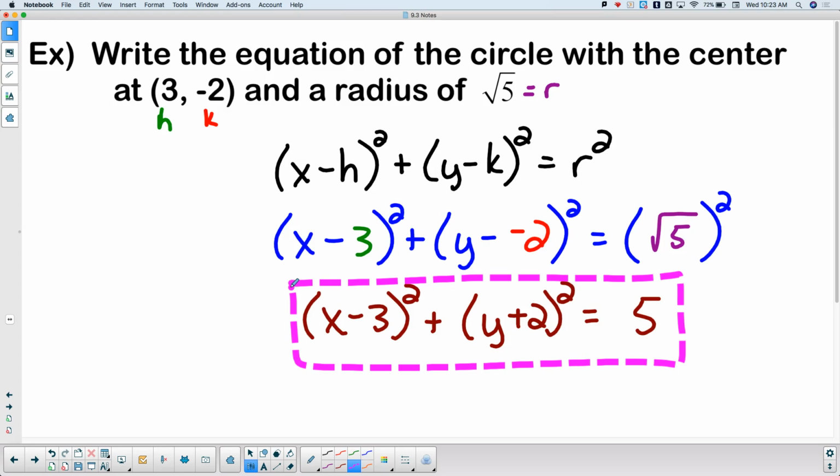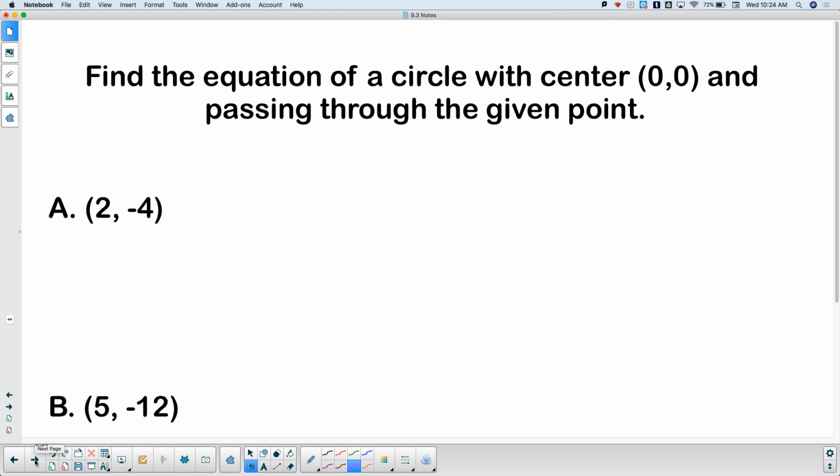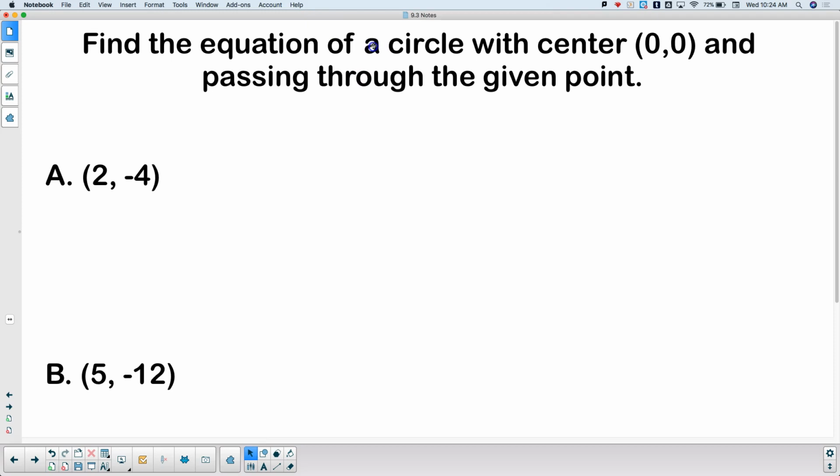Okay. That's going to be half of the problems today is going to look like that one. Okay. So let's try it now with this one. Okay, different style, same type, I should say. Find the equation of a circle with center at the origin, and it's passing through the given point.